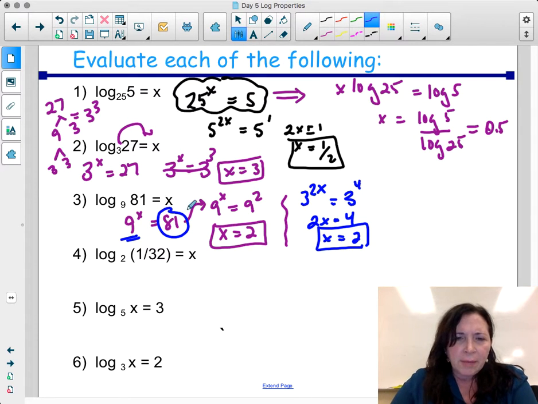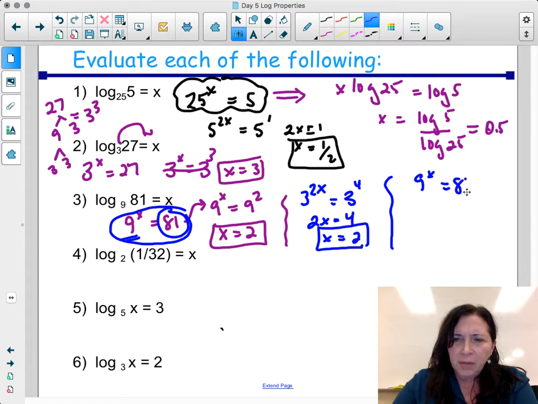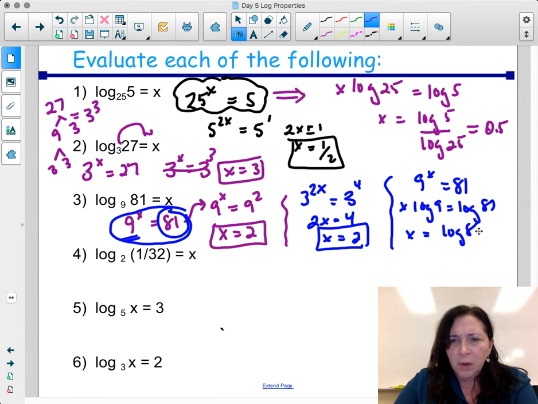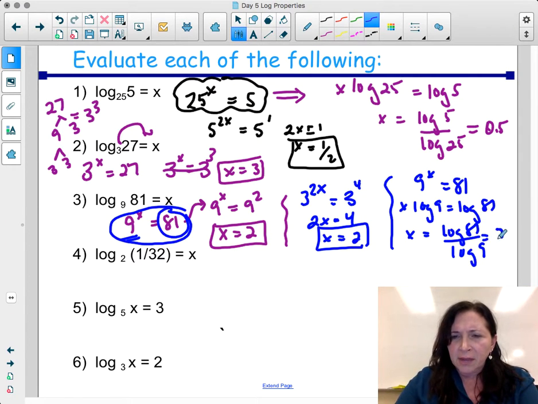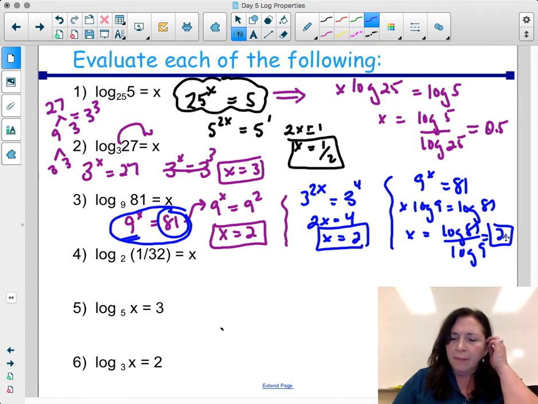Remember, going back, one other way to do this is 9 to the x power equals 81. Change of base formula: x log 9 is equal to log 81. So x is equal to log 81 divided by log of 9. And of course, I'm going to get 2 when I do that with my calculator.